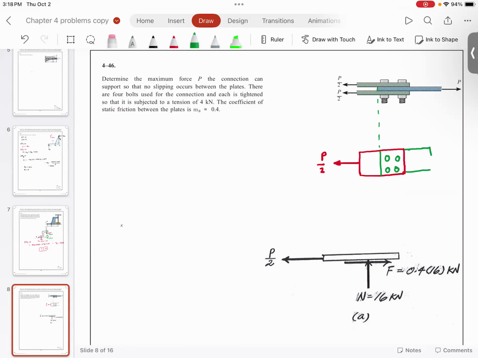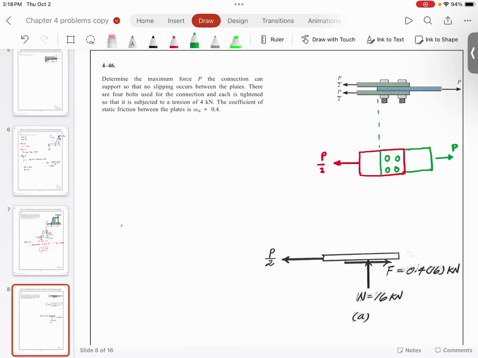Since there are 2 plates, the force P is acting on the green plate, and P by 2 is acting on the red plate.